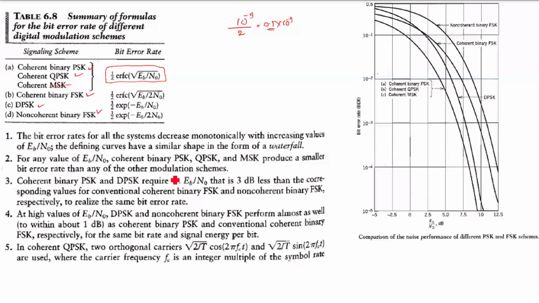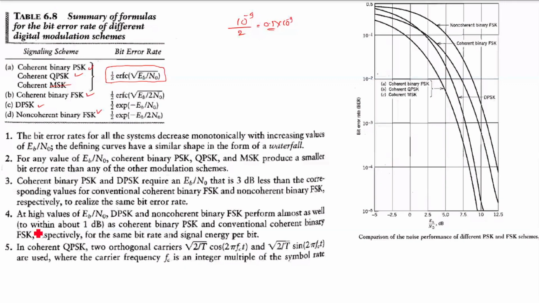You can think these three modulation schemes discussed here are coherent modulation schemes. Just because they are coherent, they have less probability of error compared to other modulation schemes. Coherent binary PSK and DPSK require an Eb by N naught that is 3 dB less than the corresponding values for conventional coherent FSK and non-coherent binary FSK respectively.